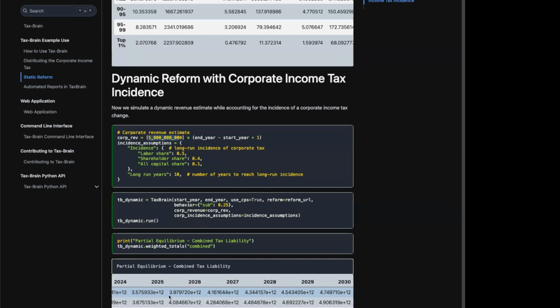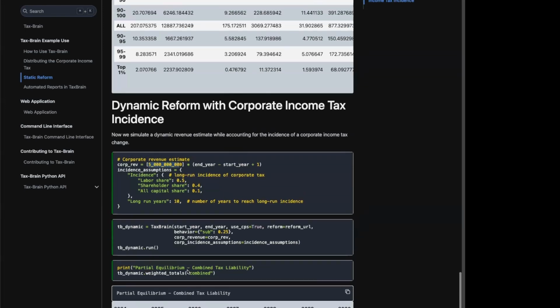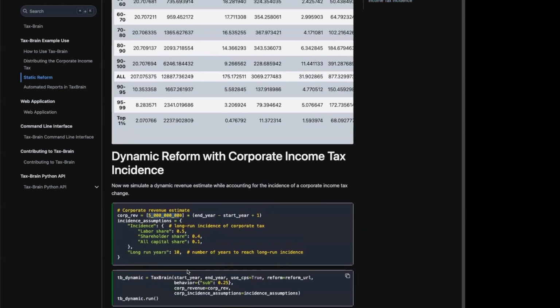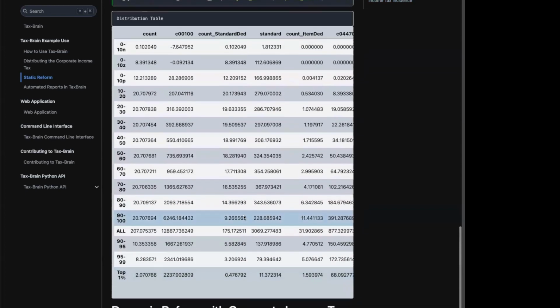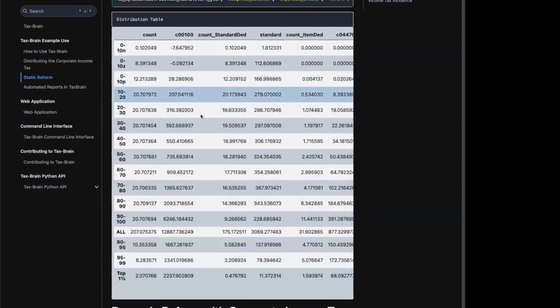And then the other thing that is going to be interesting here is that you're going to have these distributional impacts. So this was just illustrative, this example of how to use the new corporate income tax incidence assumptions. But once you've run TaxBrain, you can pair this with the distributional table, and you can see the distributional impacts, because, for example, a lot of the shareholder income is realized at the top end of the income distribution.